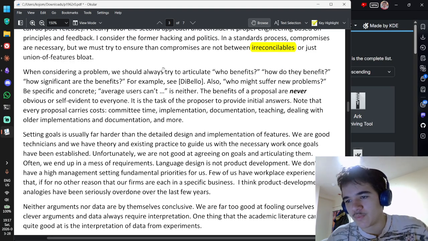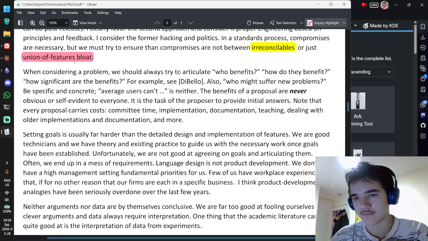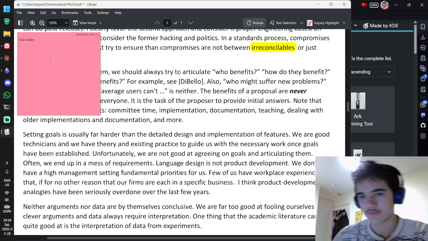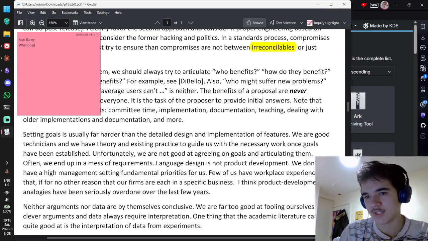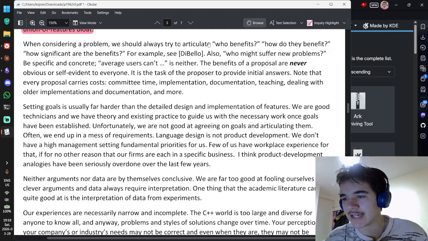When considering a problem, we should, I guess I'll leave a question for that. That's kind of the point of these notes. What does this mean? When considering a problem, we should always try to articulate who benefits, how do they benefit, how significant are the benefits. For example, C++ Bello. Also, who might suffer new problems.